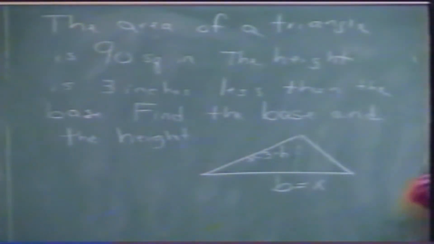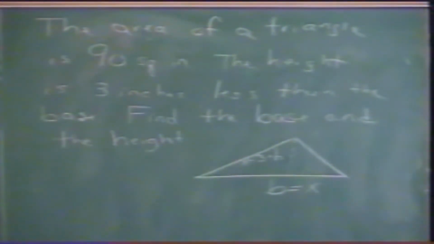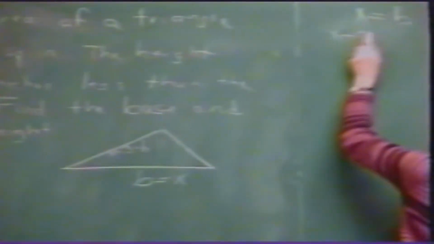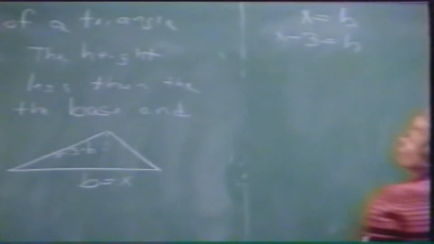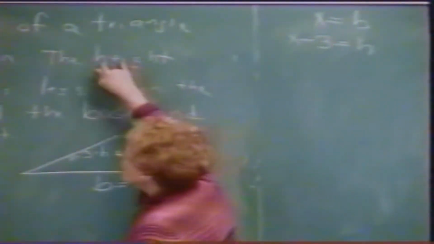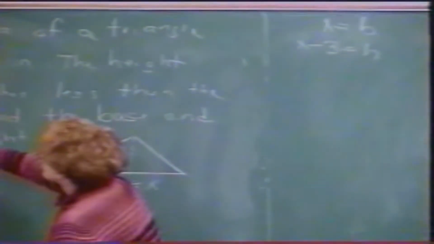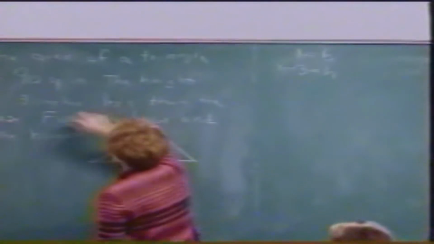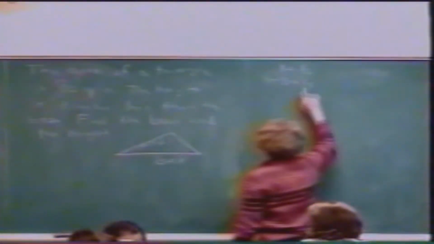So let's write this down so we'll know when we get to finish. X is the base, x minus 3 is the height. What you do is you read your problem and see, since the height is related to the base, it's always the one that stuff is related to that you let be x.